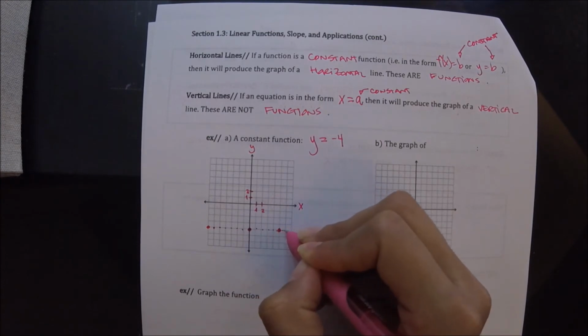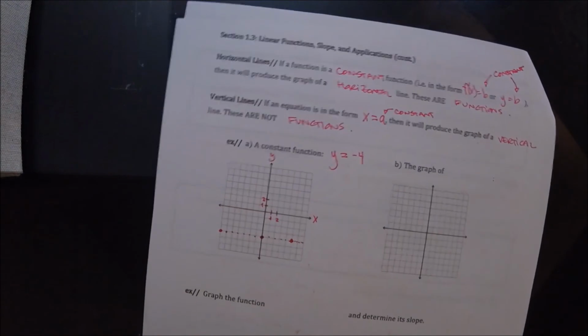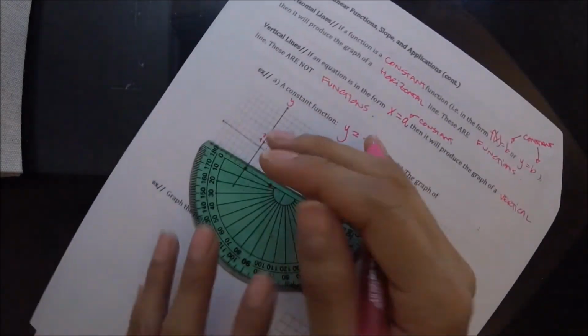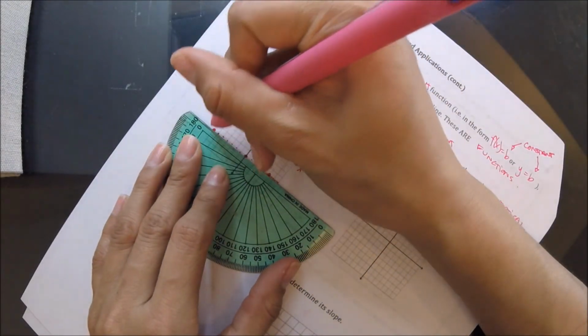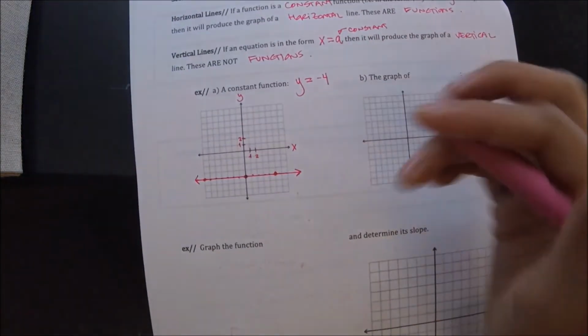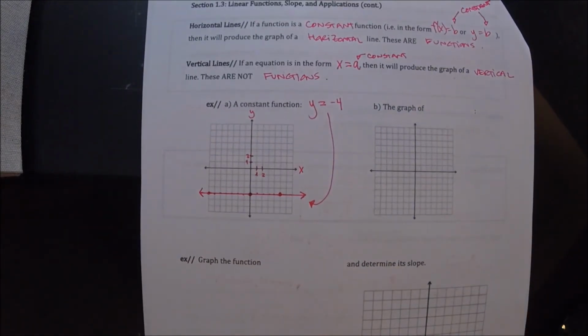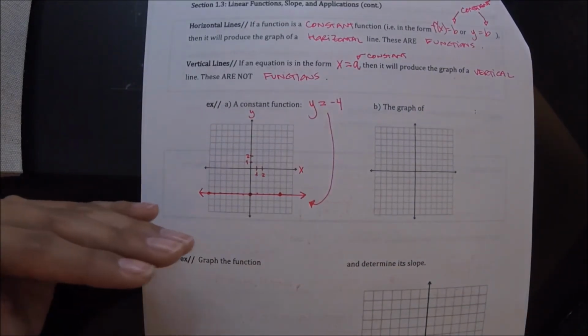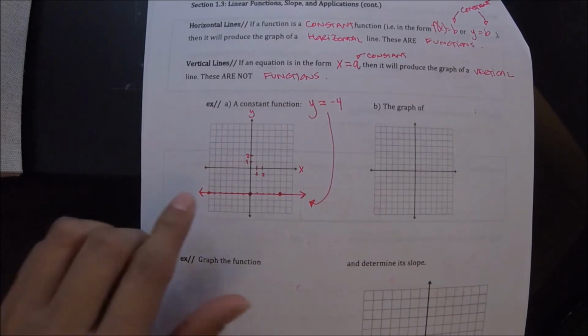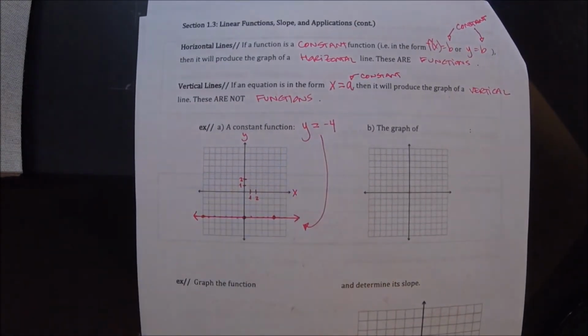Everywhere that I'm drawing right now, the y value is -4. And so that means that this is the graph of that equation. So you can see it produced a horizontal line, because no matter where you are on this line, the y value is -4.